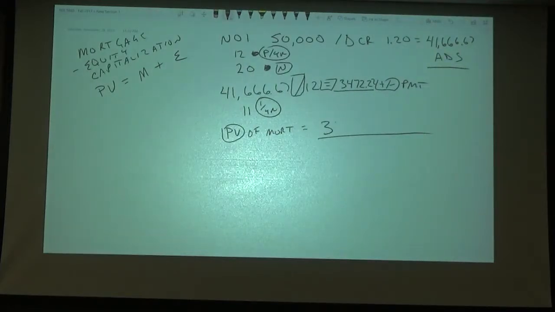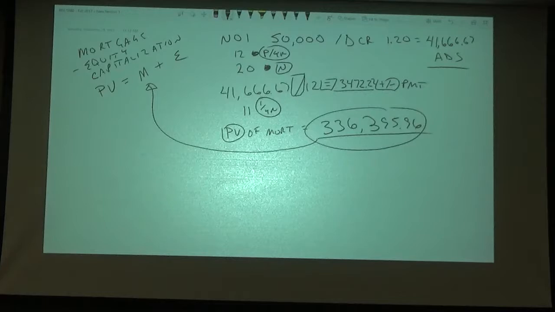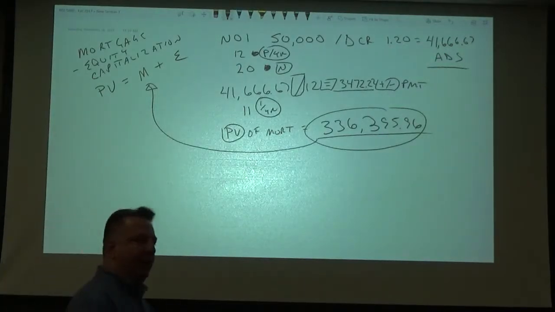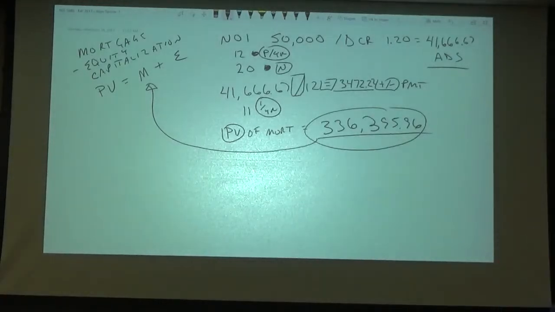So the present value of our mortgage is $336,395.96. So that is that piece. Does that make sense? Okay, so that's the value of the mortgage on the property. All right.